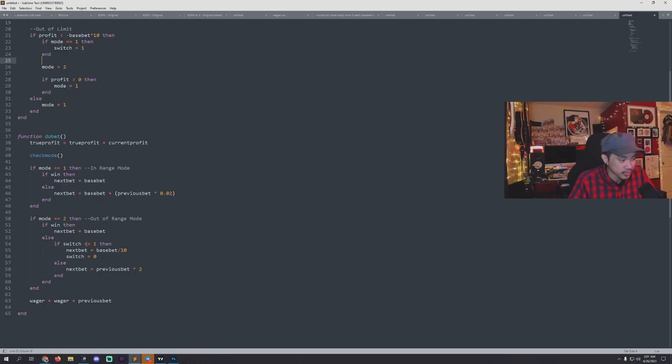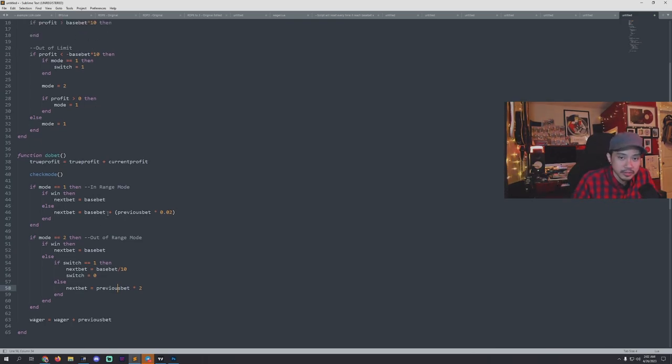And if it lost, then switch equals 1. Then it will do the next bet divided by 10, turn the switch off. And if it loses again, it will come back in this loop again, right? And then we do next bet, previous bet times 2. So we're locking it into mode 2 if it were to lose. But first, we need to divide it by 10, remember, because I explained it earlier why.